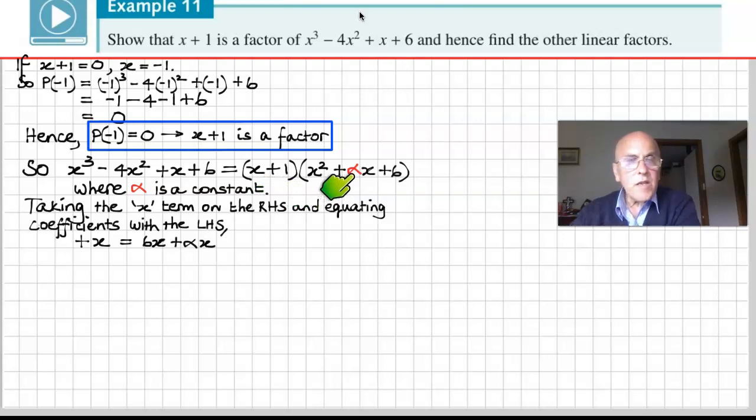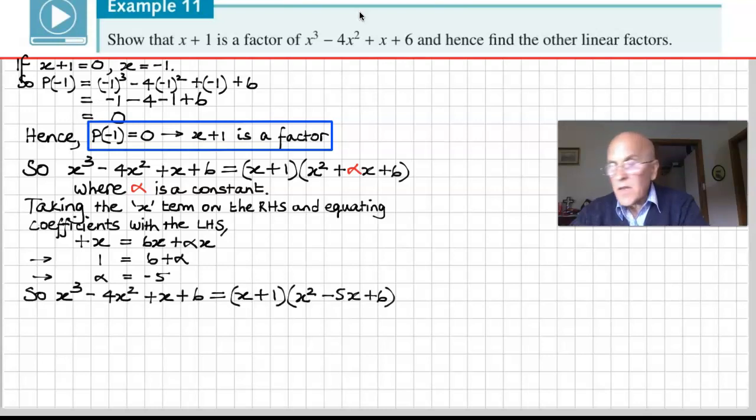So the right hand side expansion of x gets me 6x plus alpha x. And then looking at the left hand side, I can see that I have plus x. So therefore 6 plus alpha must equal 1, okay? There you go, and therefore alpha would be minus 5. Easy peasy lemon squeezy, guys.